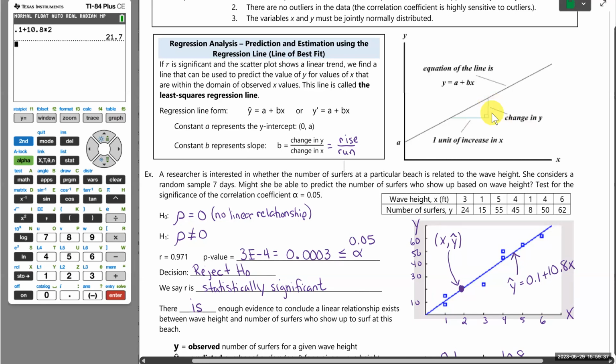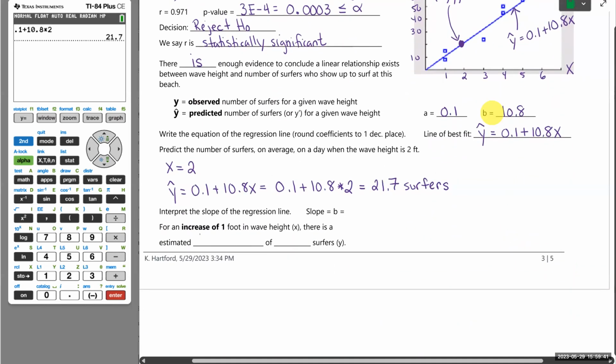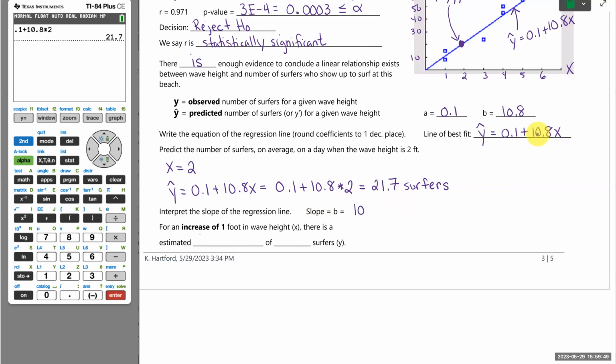So let me show you what that looks like for this problem. All right, so our slope is our b value, the coefficient of x, 10.8, but I'm going to write that over 1 so we can do some interpreting. So slope is change in y, and our y value was number of surfers.